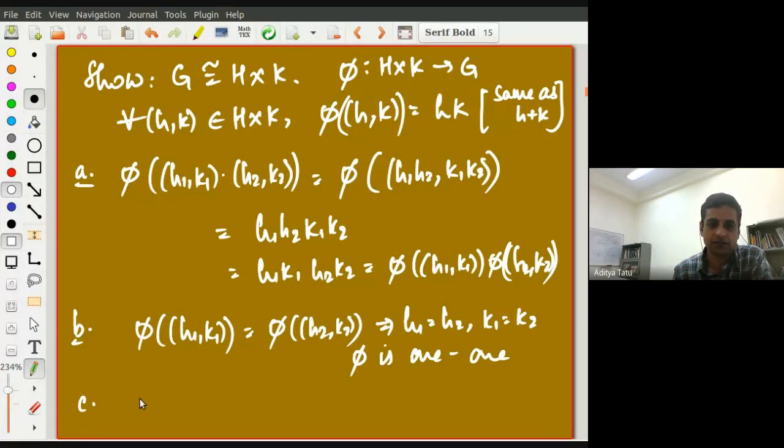No, but number of elements in what? You want to show this, right? So where does this come from?